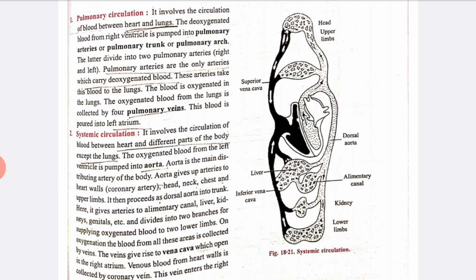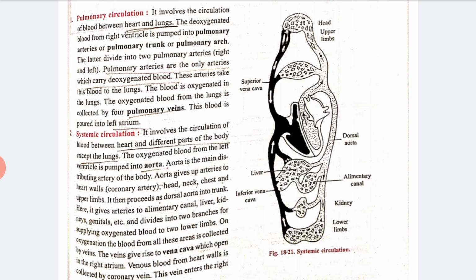Here it gives arteries to the alimentary canal, liver, kidney, genitals, etc., and divides into two branches for supplying oxygenated blood to the two lower limbs. After oxygenation, the blood from all these areas is collected by veins, and the veins give rise to the vena cava, which opens in the right atrium.